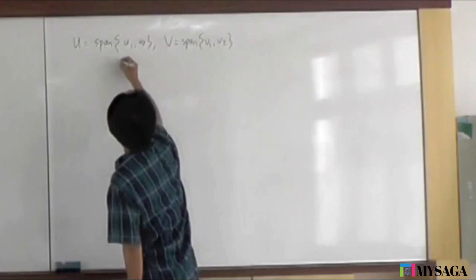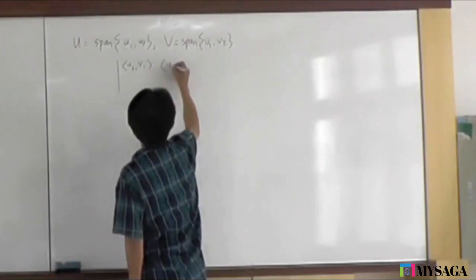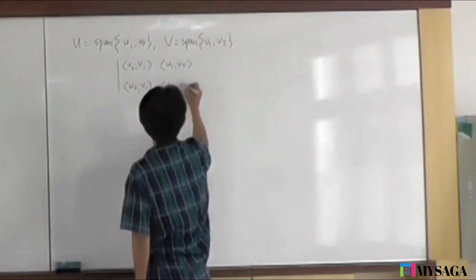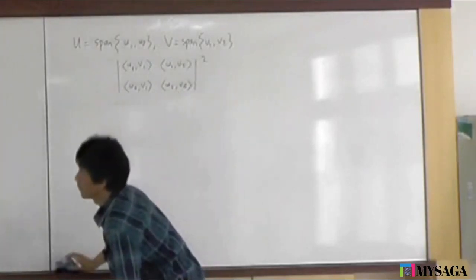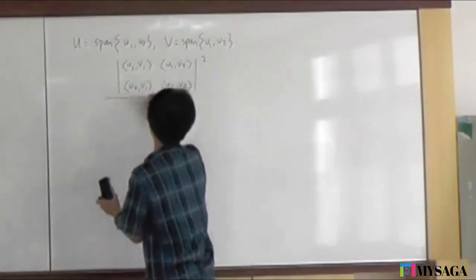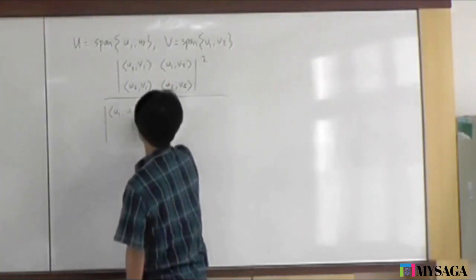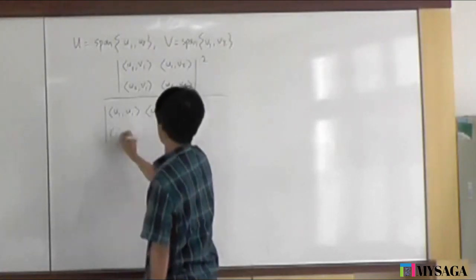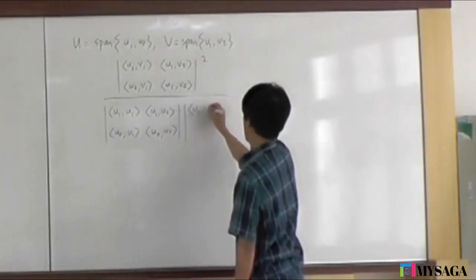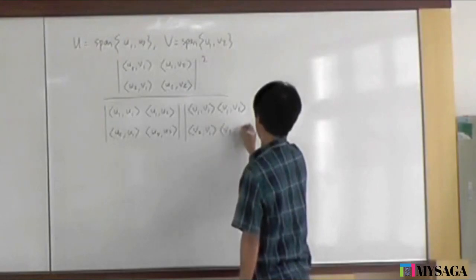So I have here the determinant of the matrix with rows (u_1,v_1), (u_1,v_2) and (u_2,v_1), (u_2,v_2), squared. But this one without square: the determinant of the Gram matrix (u_1,u_1), (u_1,u_2), (u_2,u_1), (u_2,u_2), and then the Gram matrix (v_1,v_1), (v_1,v_2), (v_2,v_1), (v_2,v_2).